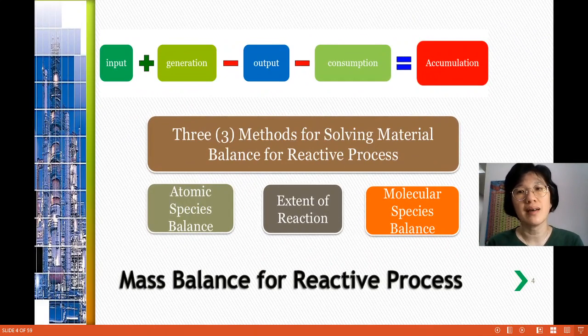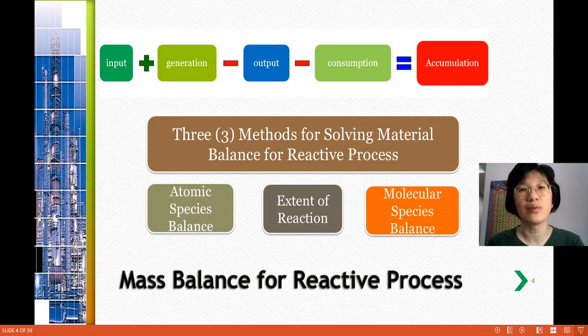So of course, in order to solve the chemical reaction engineering problem, we always start with the mole balance equation, and that is exactly the mass balance equation. You can solve the mass balance equation using the basis of atomic species balance, or based on extent of reaction, or the molecular species balance.